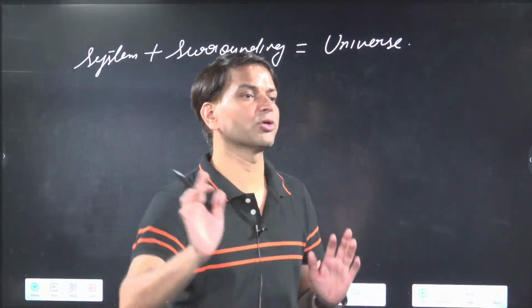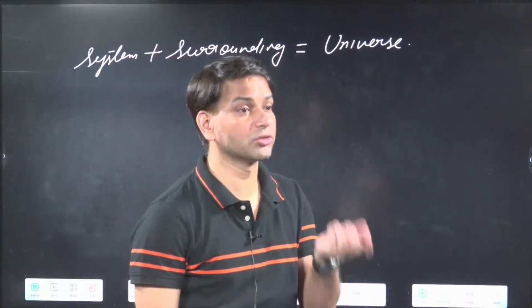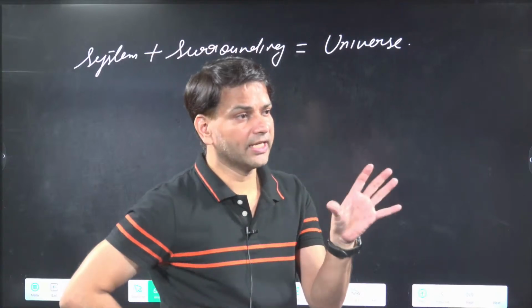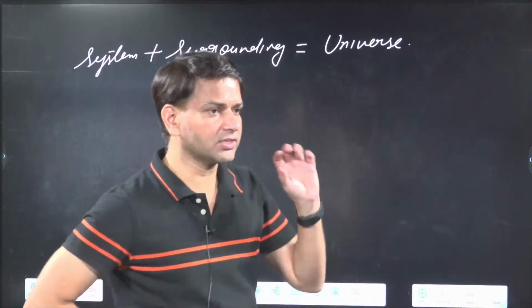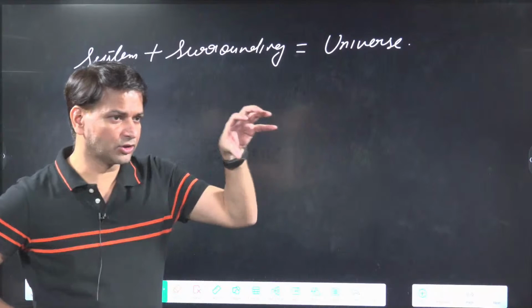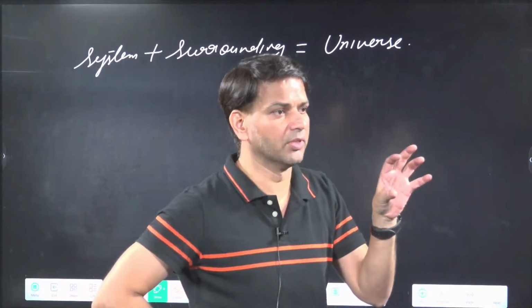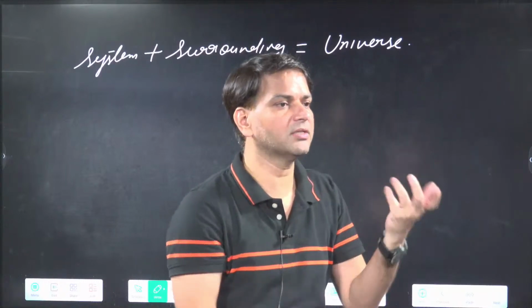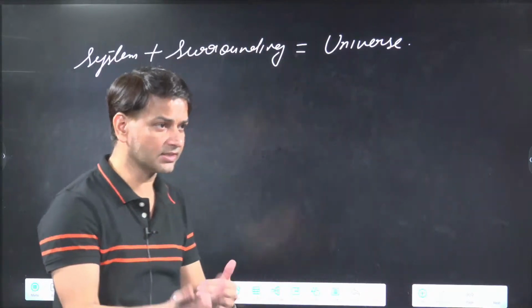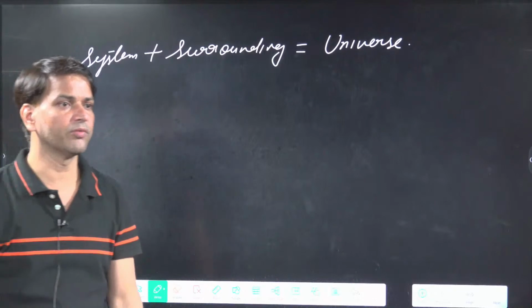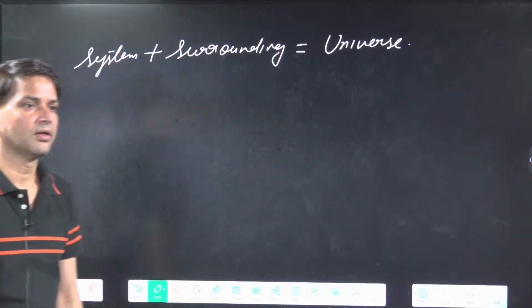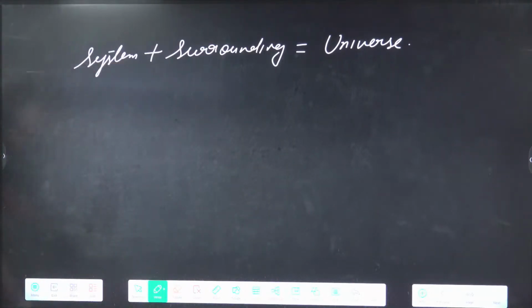Then the rest of the universe is your surrounding. From the universe, I take a small part, and that part I can take as a system. The rest of the universe will be the surrounding. That's why I'm saying system plus surrounding is equal to universe.